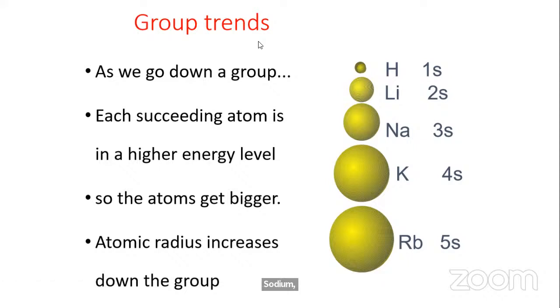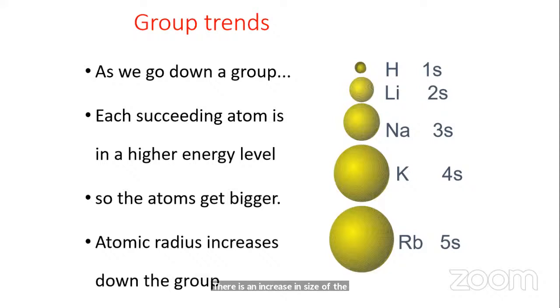Potassium's is present in the 4s orbital. Rubidium's is present in the 5s orbital. So as we go down the group, the energy level where we find the outermost electron, or the valence electron, is higher. And remember, I said the higher the energy level, the further the distance of that orbital to the nucleus, and so the larger the size of the atom. And so as we go down the group, there is an increase in size of the atom.